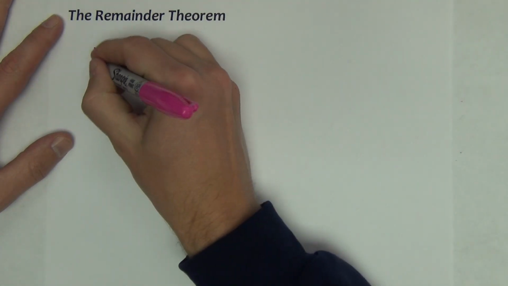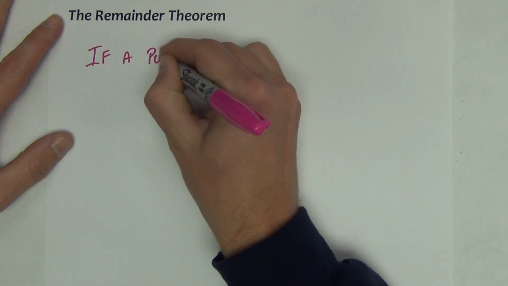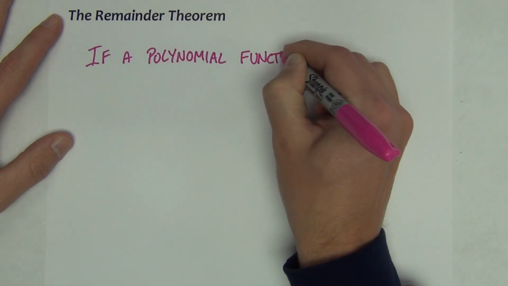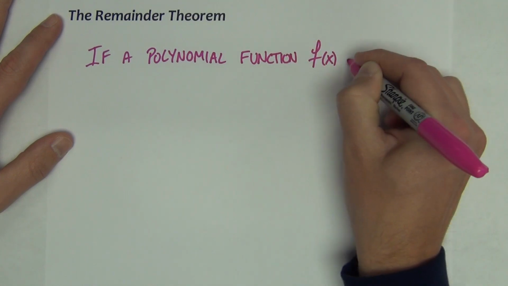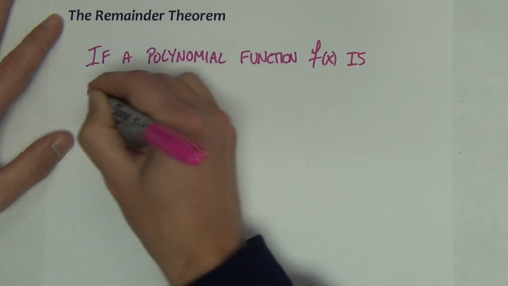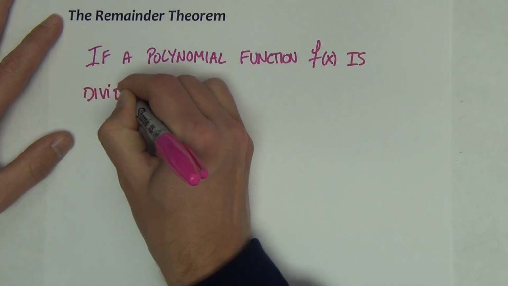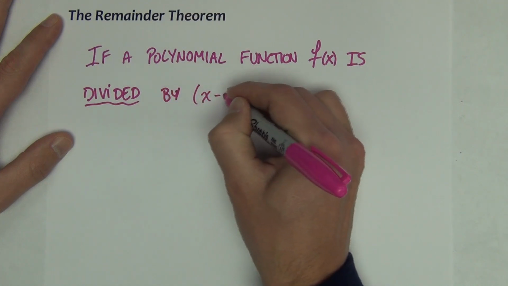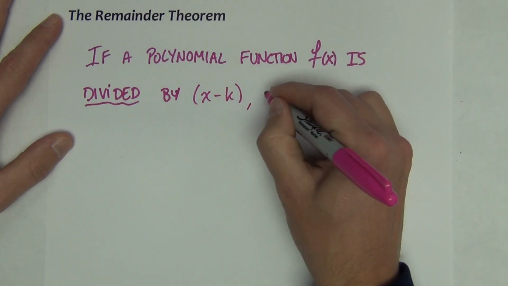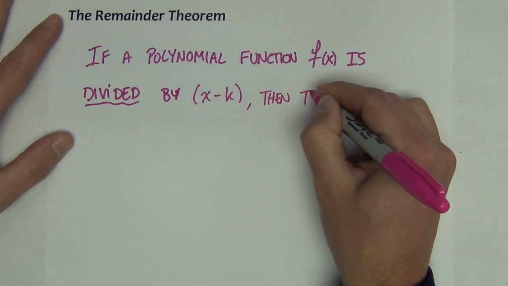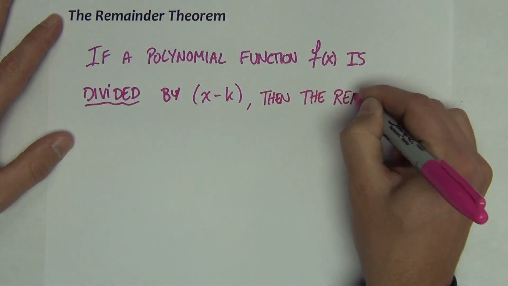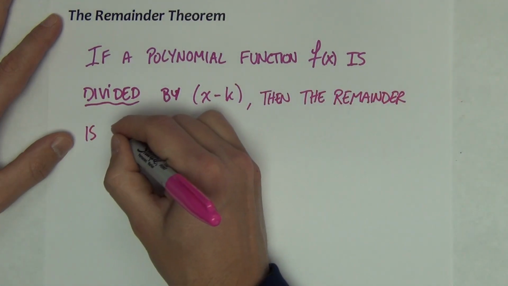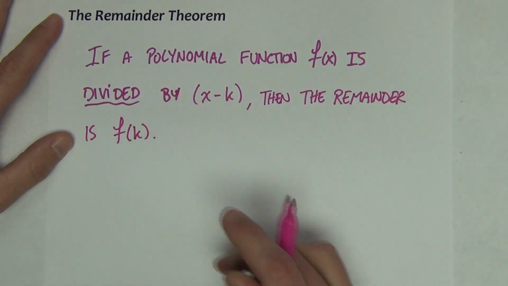The remainder theorem says that if a polynomial function f of x is divided by, we'll say, x minus k, then the remainder is f of k.